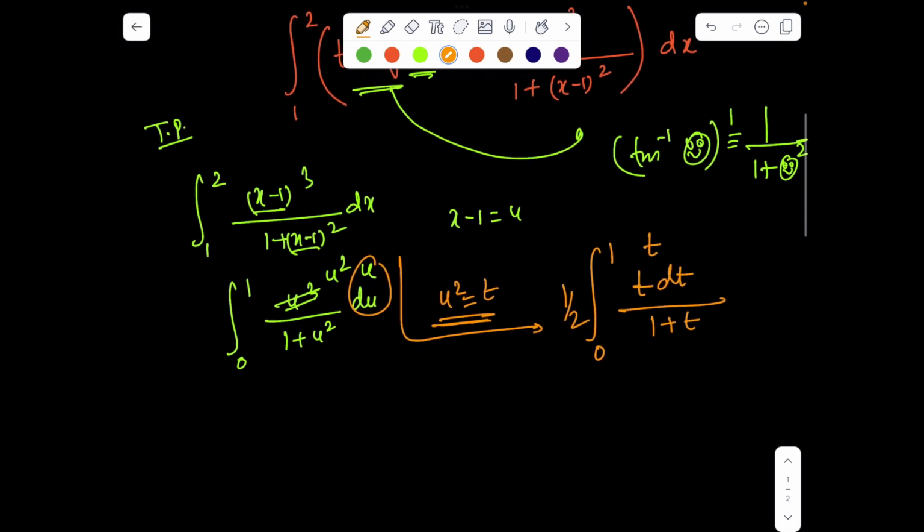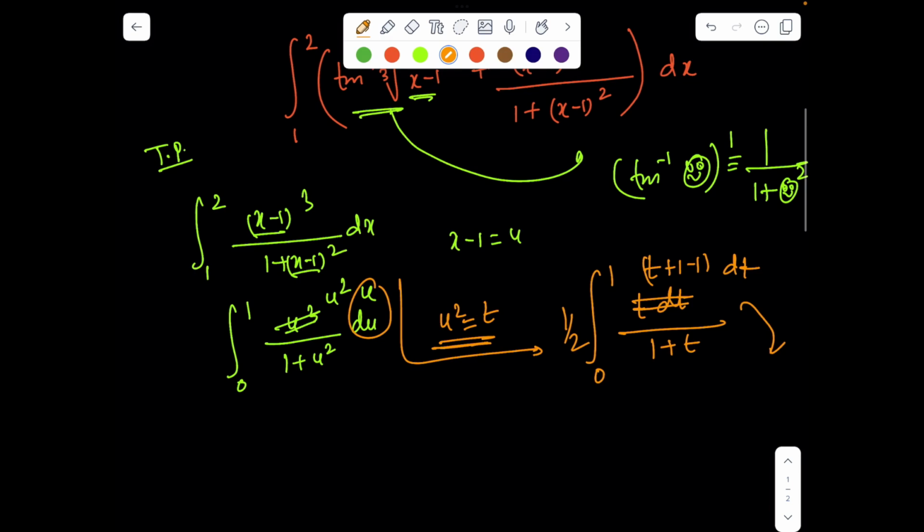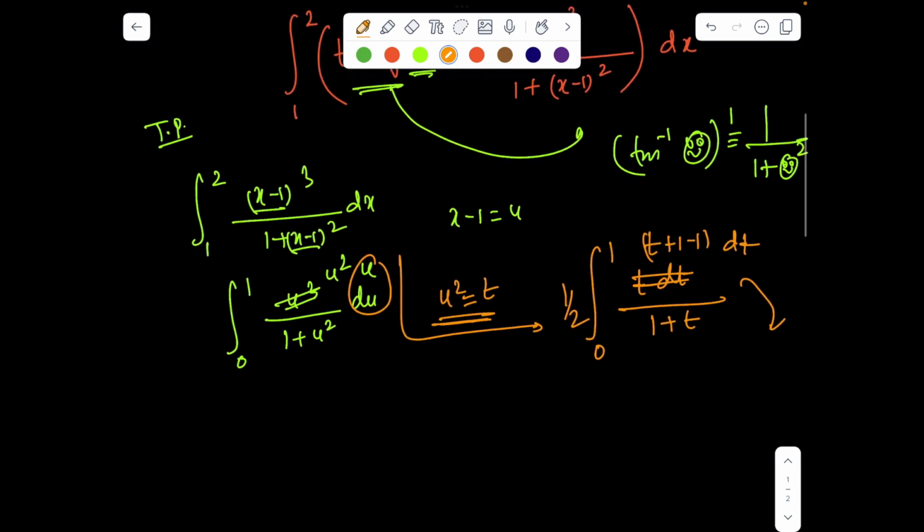Now this can be written as t plus 1 minus 1 dt, and we can separate this integral and handle it independently. In a similar way, the first integral can be handled because tan inverse of cube root of x can be written as the integral over y, from 0 to 1, dy.